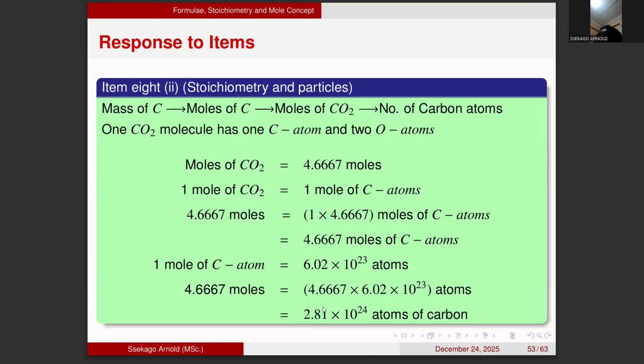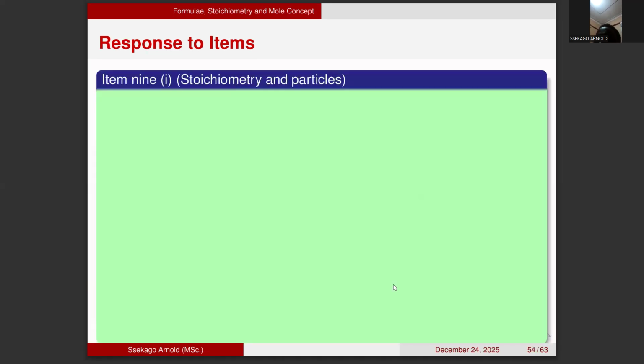Calculating this, we obtain 2.81 times 10 power 24 atoms of carbon. Atoms of carbon, not carbon dioxide, sorry. So this is item 8, Roman 2. Hope you've taken note of it. Then we proceed with item 9 in our next video.